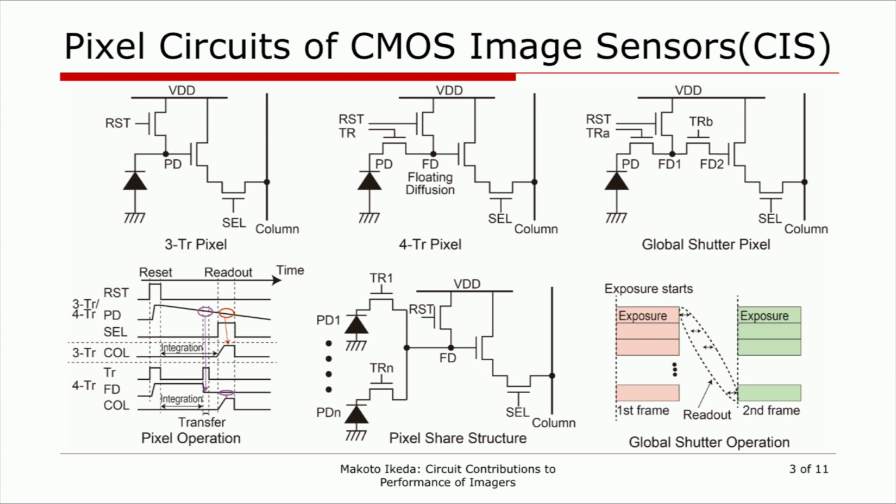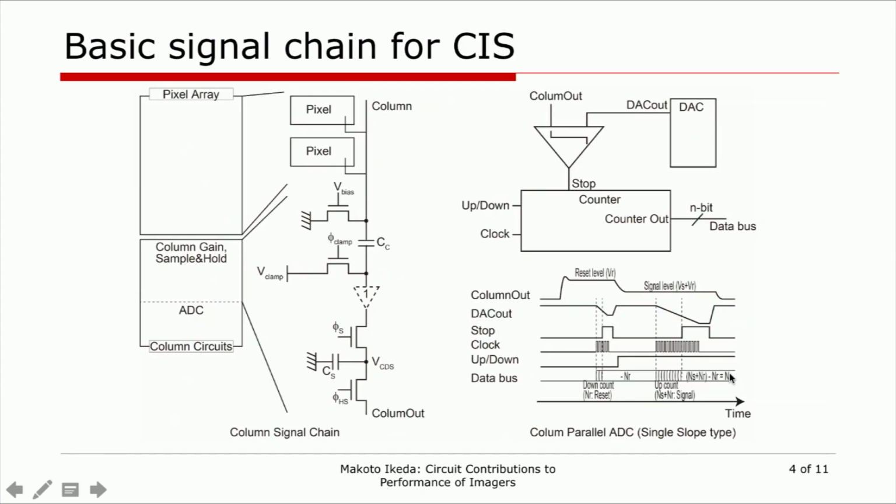To do so electrically, we should have one more capacitance, so that we can transfer all the photodiode signals to the floating diffusion node to store them for a while and read out sequentially, column by column, row by row.